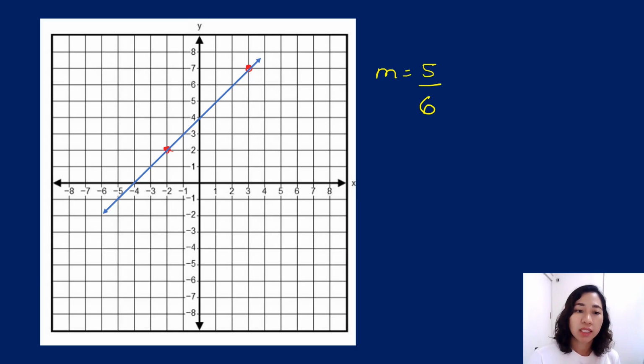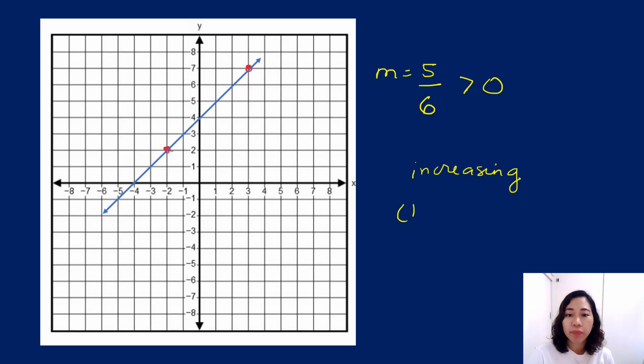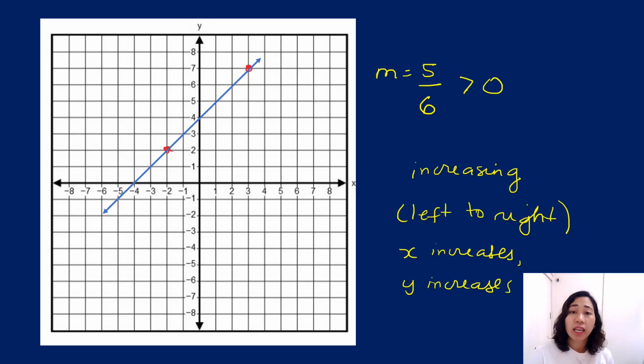Let us recall that the slope we obtained earlier for this line is 5 over 6. Now, in general, if the slope is positive, the line always looks like this. It is increasing as you look at it from left to right. Or, for more clarification, as x increases, the y coordinates also increase.